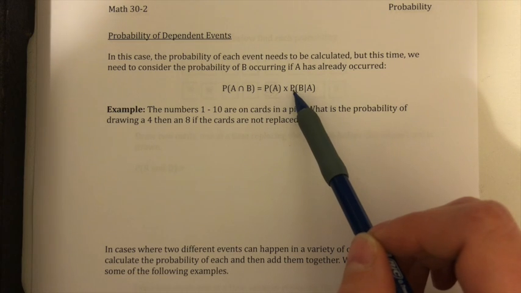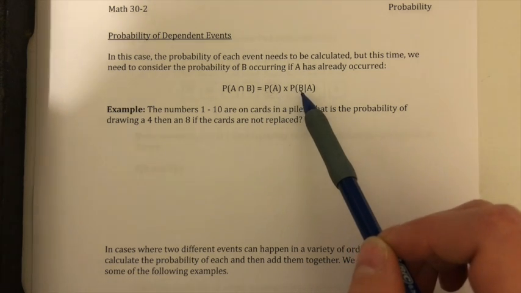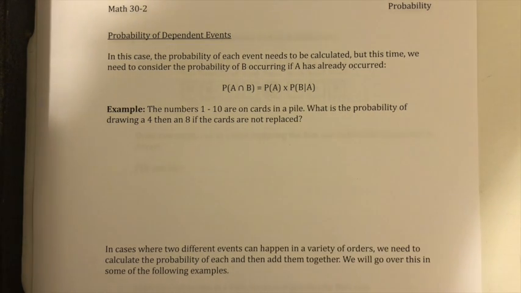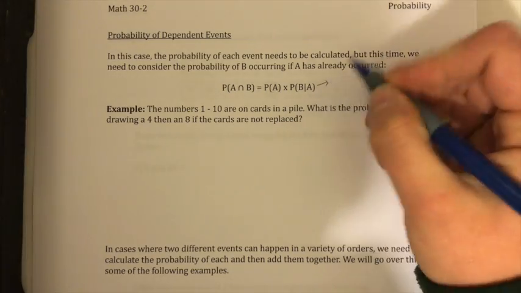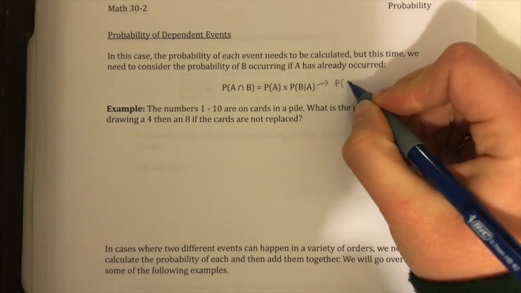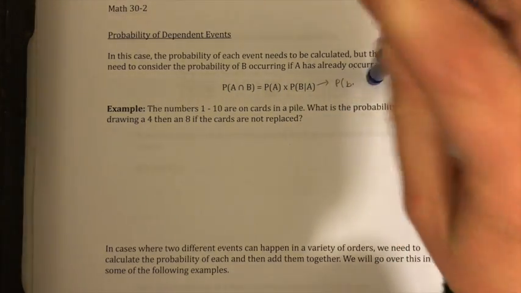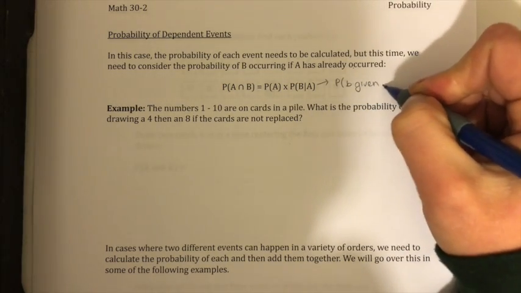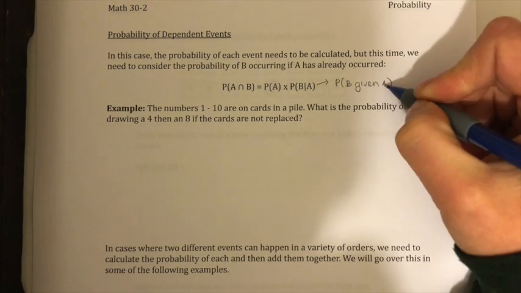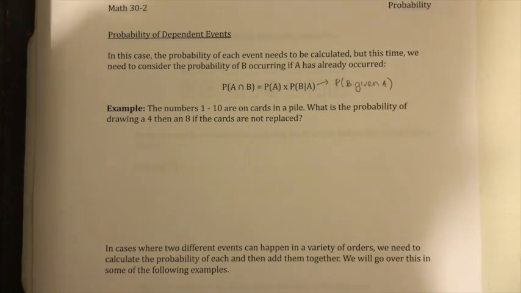And then this is the probability of B given A. So this vertical line here means "given." So let's actually make a little note. So this is the probability of B given A. So if A has already happened, what is the probability of B? So we're going to look at that, okay?